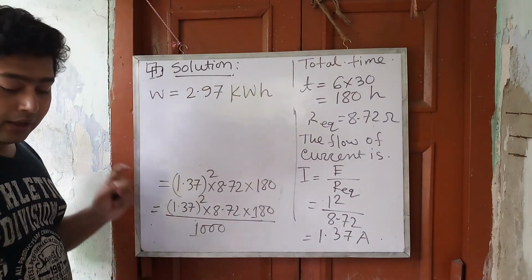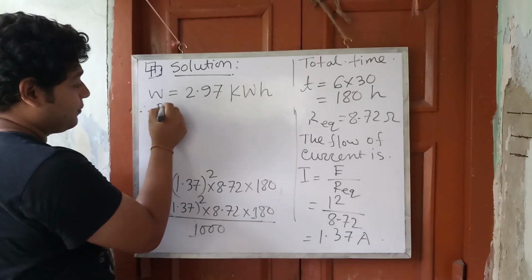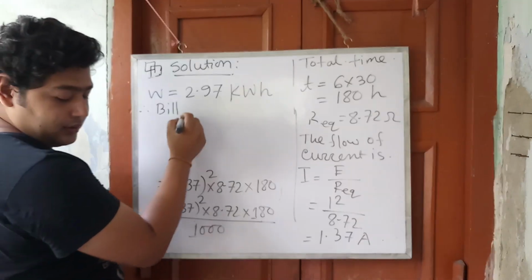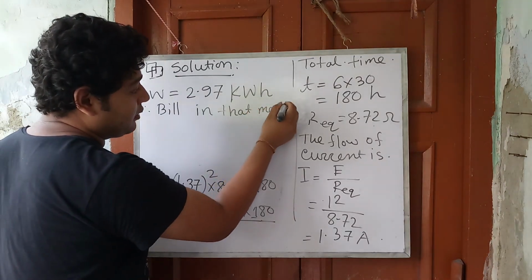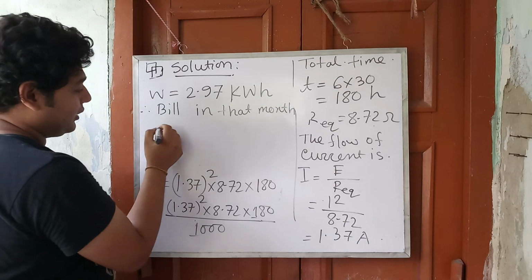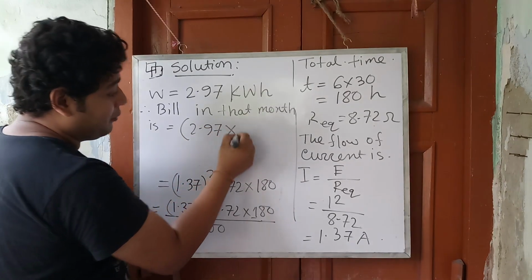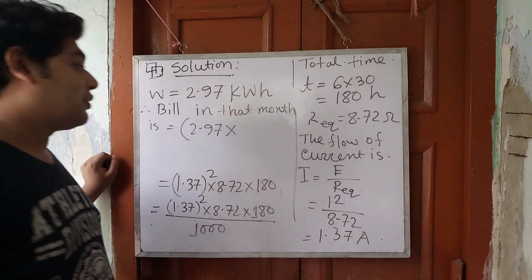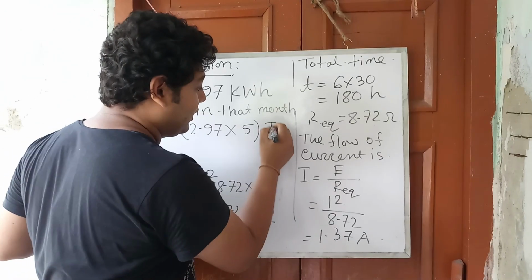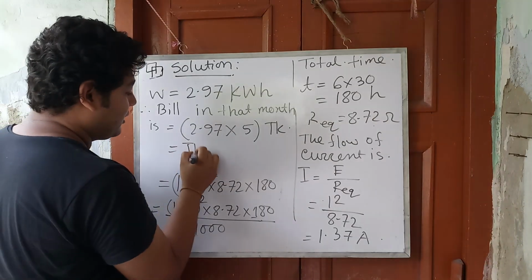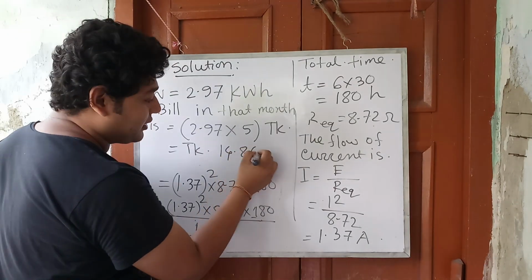Now we will calculate the bill for this month. Therefore, the bill in that month is equal to 2.97 multiplied by the cost per unit of current, and the cost per unit is 5 taka. So we can write taka 14.86.